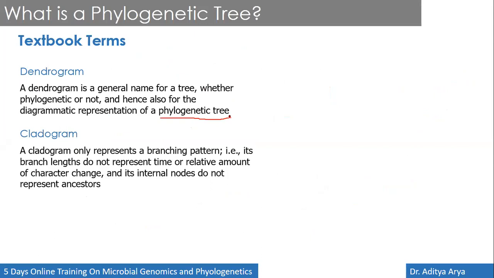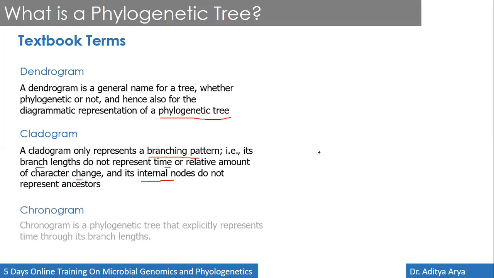Whereas a cladogram represents the branching pattern. That is, the branch length does not represent time or relevant amount of character change, but it represents descent. So what is a cladogram? A cladogram is a type of dendrogram that represents the descent or ancestry of a particular taxon.